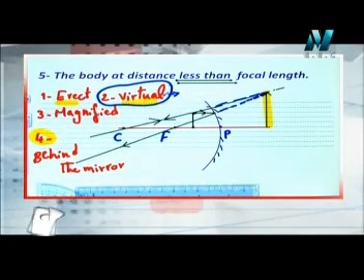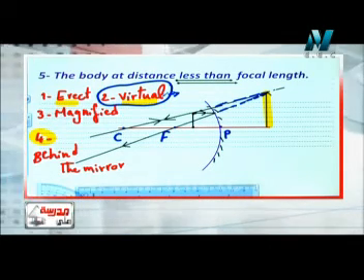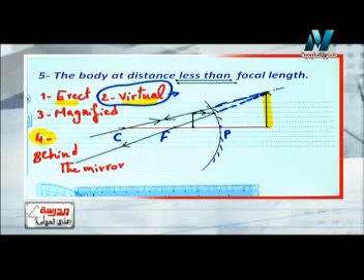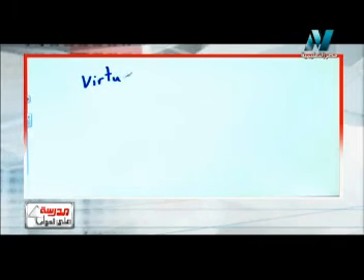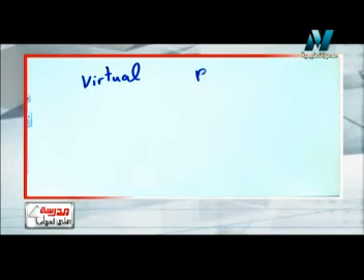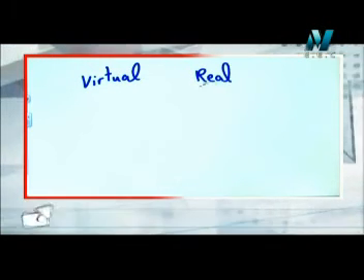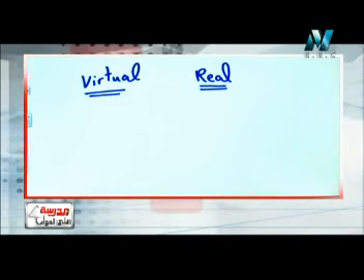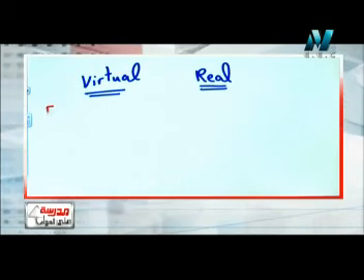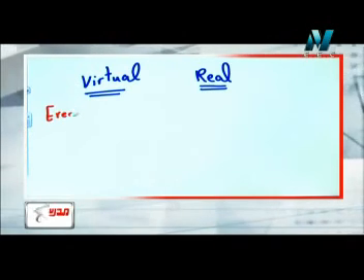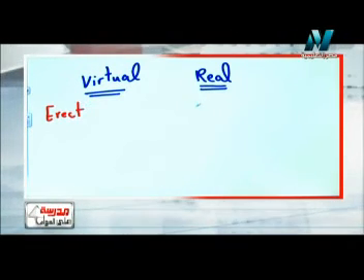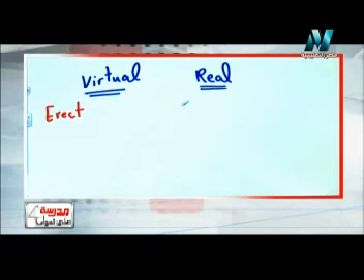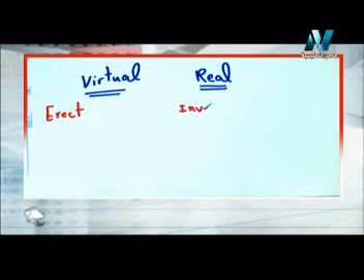And real, which means can be received on the screen. يبقى here we can make a small comparison as virtual image and real image. Number 1, virtual image is erect. يبقى upright معدول. Real image is inverted. الصورة بتبقى مقلوبة. طيب.